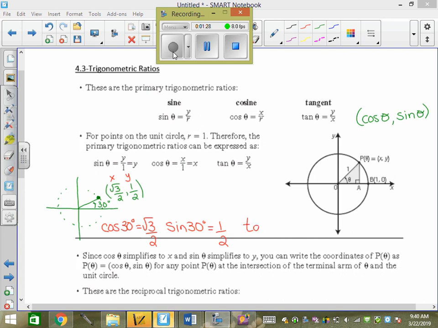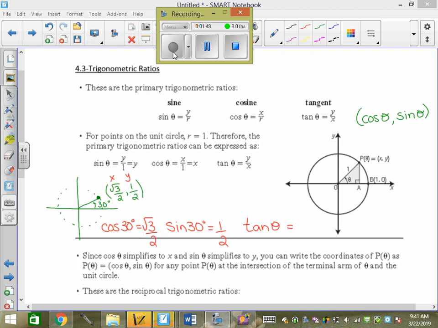Well, everything we do to find any other trig ratios on the unit circle, we're going to be using cos and sine, are we not? Because that's the only thing they give us. So every other trig ratio we look for, we're going to need cos and sine to find. So we go to our formula sheet, which I told you should be your best friend and you should keep near you at all times.